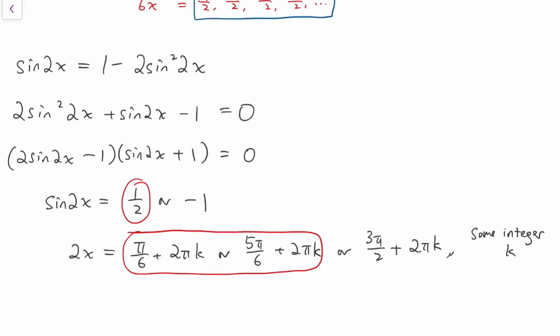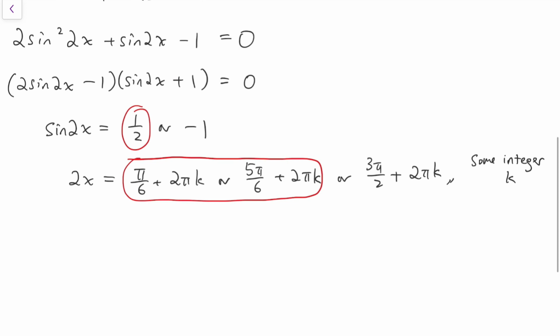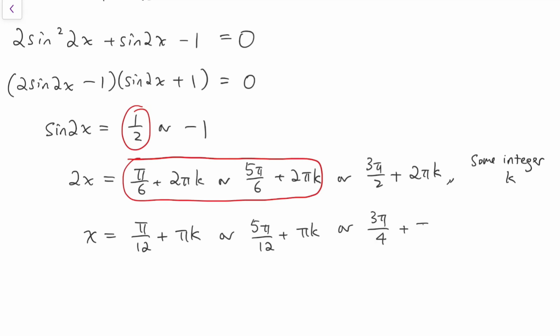Then we can simplify the solutions, and we have x equals either pi over 12 plus pi k, this time just multiples of pi, not 2 pi, or 5 pi over 12 plus pi k, or 3 pi over 4 plus pi k. Now I'm going to rewrite 3 pi over 4 as 9 pi over 12.